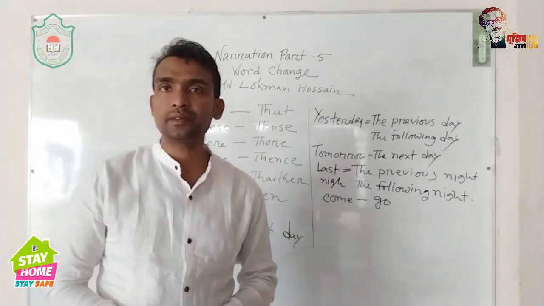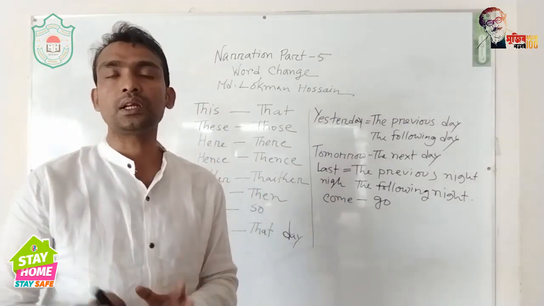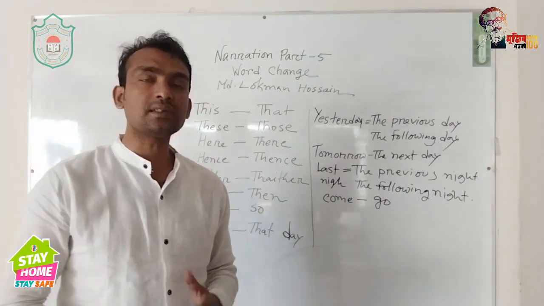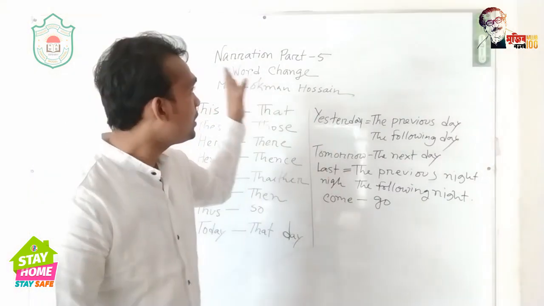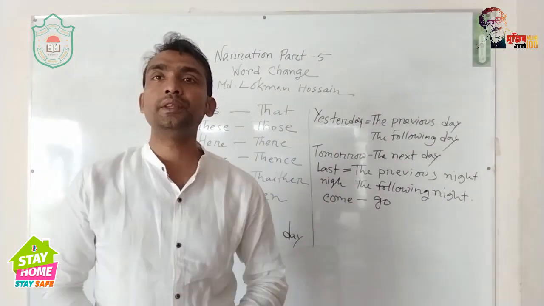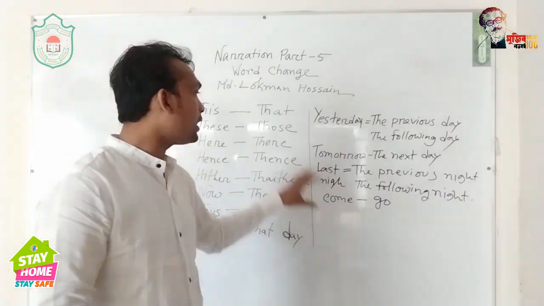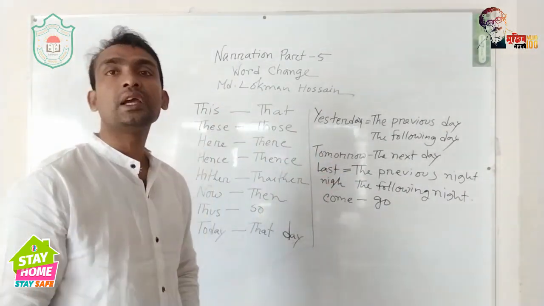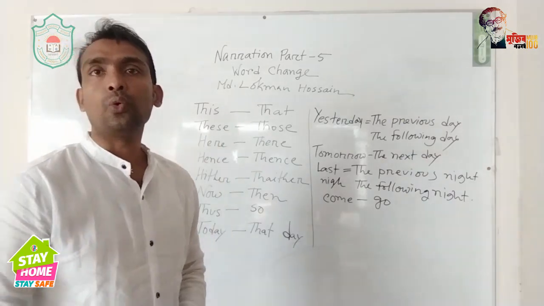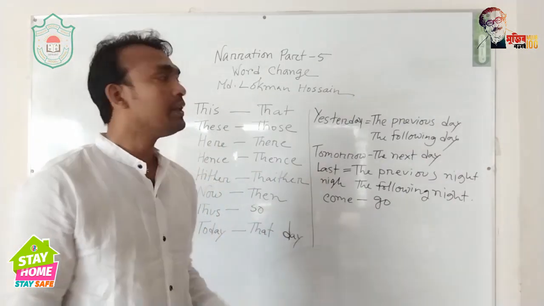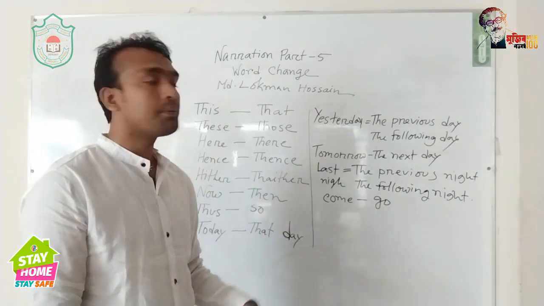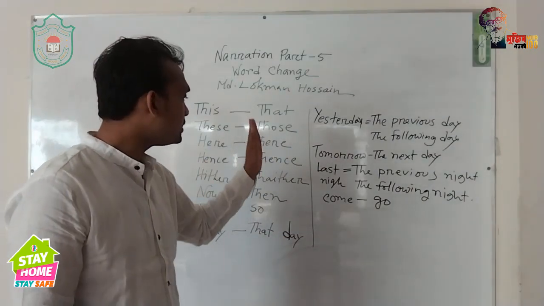When a sentence changes from direct to indirect according to the rules of narration, if these words are used in the direct form, then they must change from this one to that one.